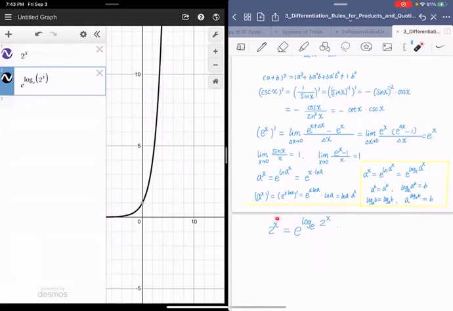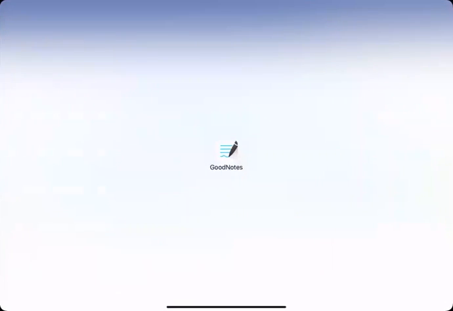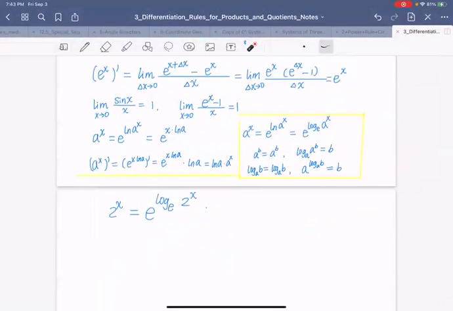What's the reason that this guy can magically equal this guy? It is just because this guy and this guy are the same. Let me see here one more time. Watch out, okay? Look, e is a base.